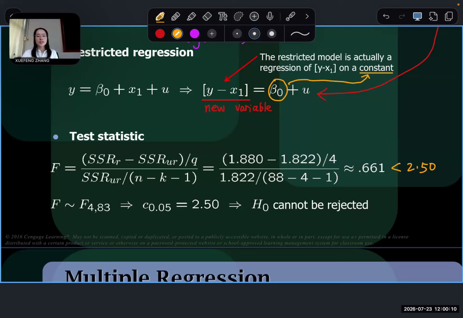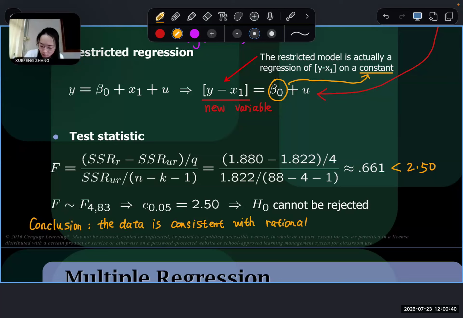What is the conclusion? The conclusion is that the data is consistent with rational assessments.